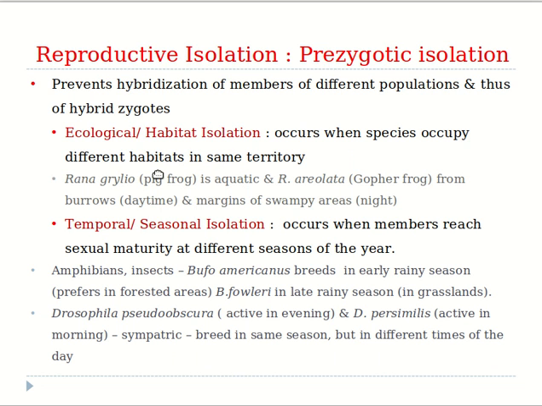The pig frog is extremely aquatic and is found in deep ponds, lakes and marshes, while the gopher frog lives in burrows during the daytime, but is active at night and is found along the margins of swampy areas. The pig frog breeds in deep water and has no ecological contact with the gopher frog, because the gopher frog breeds in isolated grassy ponds in shallow waters. So the differences in their habitat eliminate possible mating between the two species.